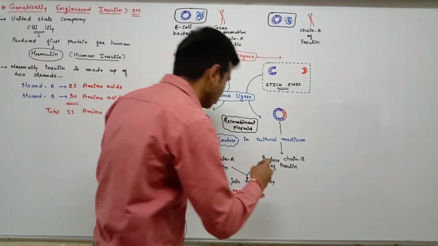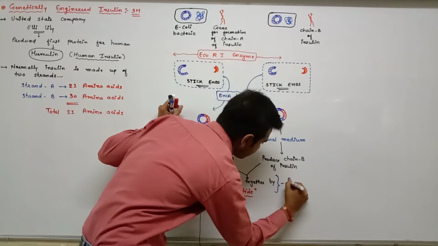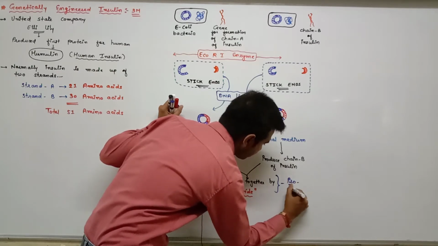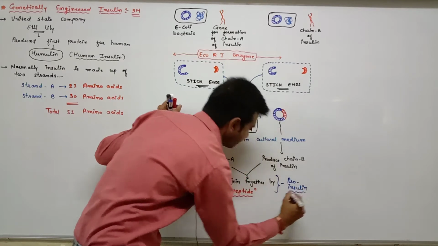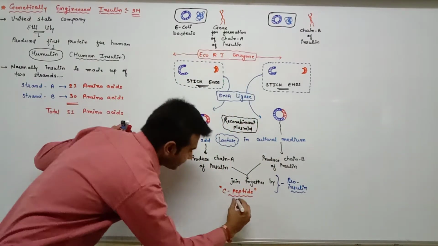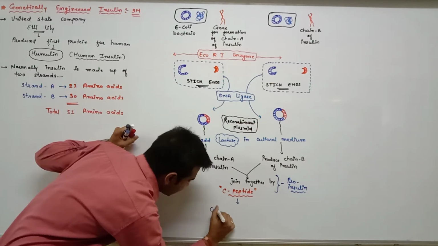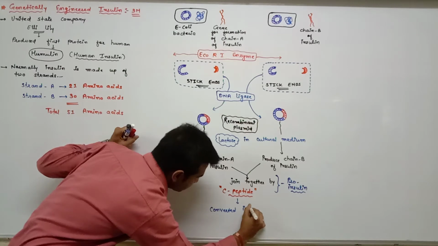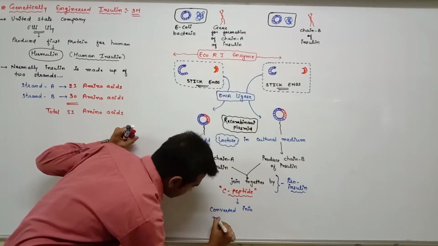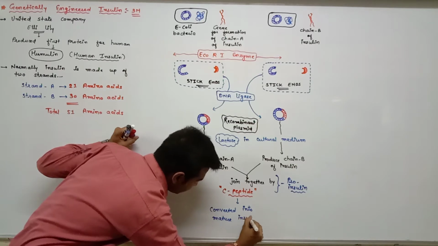It is known as proinsulin. And now, after removal of this C peptide, it is converted into mature insulin.